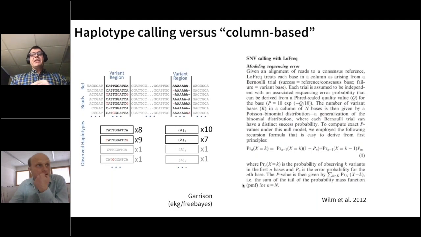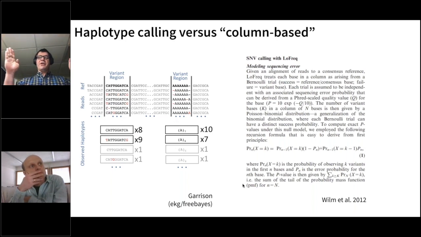So the difference between haplotype variant calling and column-based variant calling is that tools like Freebayes look at the neighborhood. And by looking at the neighborhood, you have an advantage in figuring out which of the potential variants might not be real. LoFreq, on the other hand, doesn't do that.